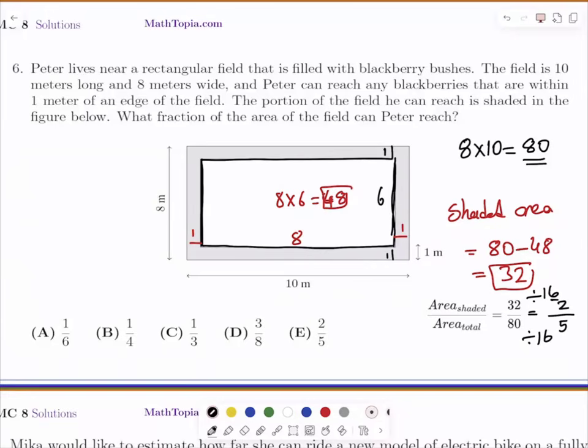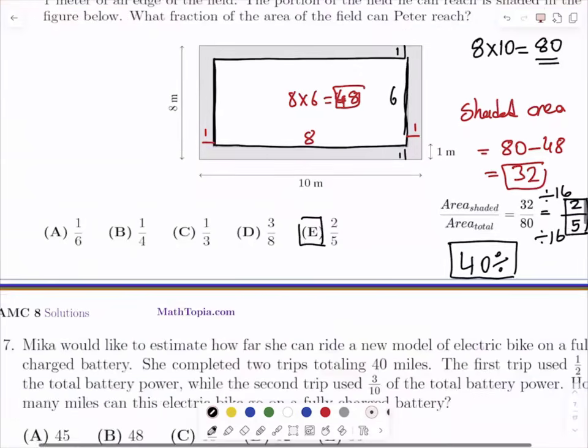Wow, that was good. Nice. Which is about 4 over 10, which is 40%, right? Yeah. But it doesn't ask for the percent, it asks only for the fraction, right? Yes. Okay, we are doing great so far.